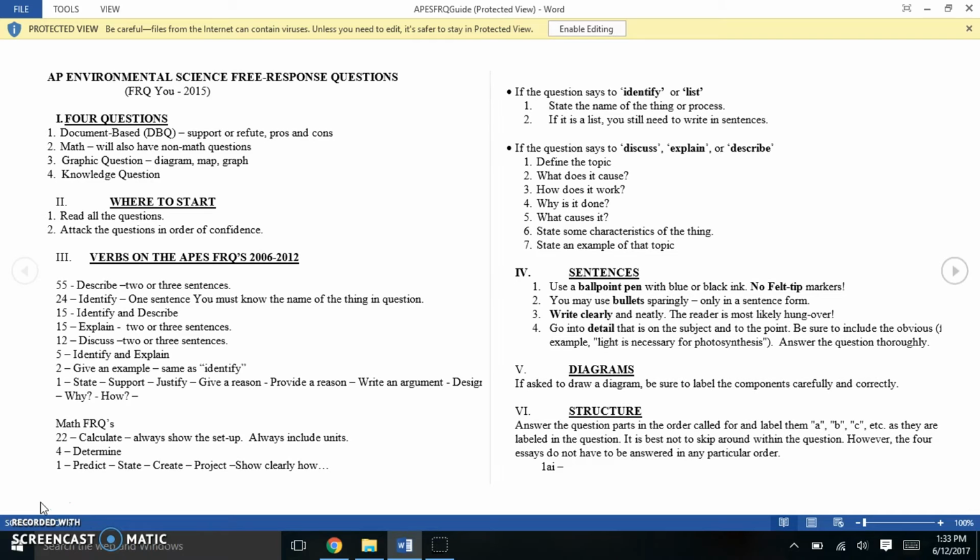Be sure to label. And then structure. Answer the questions part in the order called for and label them A, B, and C, etc. as they're labeled in the questions. Your question is going to have an A, B, C, and then maybe an I, 2I, 3I, and you will need to label that as you answer your question.